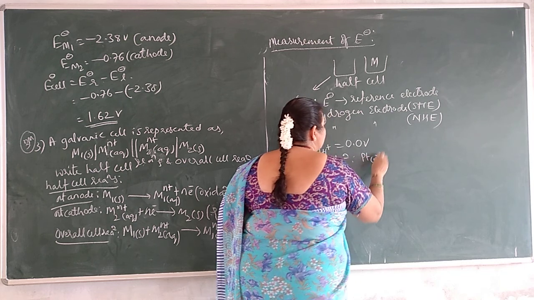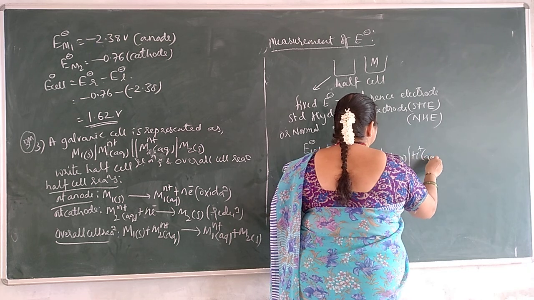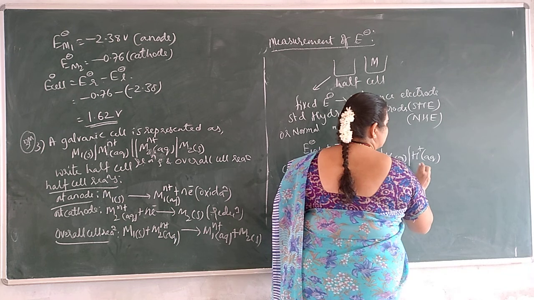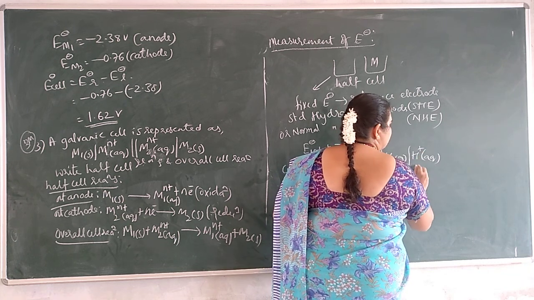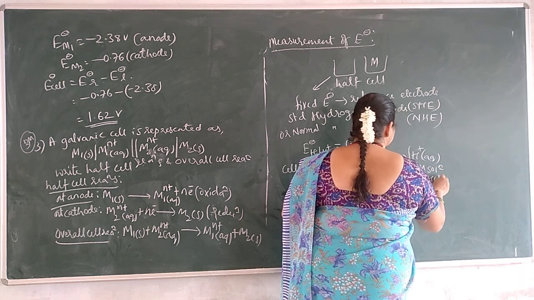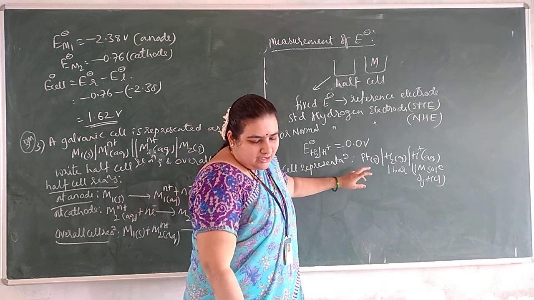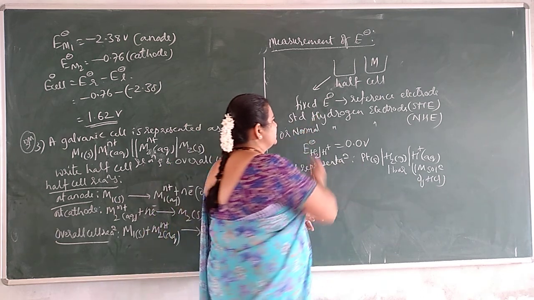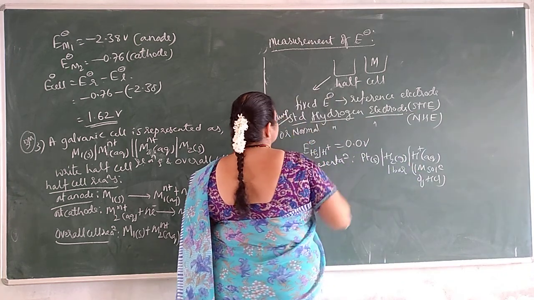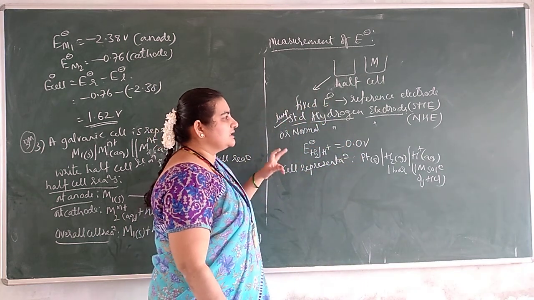Pt solid bar H2 gaseous bar H plus aqueous. Here H2 gas is at 1 bar pressure, and H plus aqueous is a 1 M solution of HCl. This is the important cell representation for the standard hydrogen electrode, SHE or NHE.